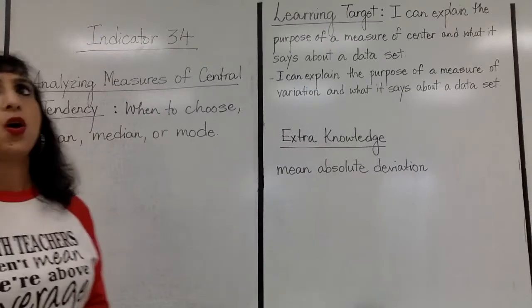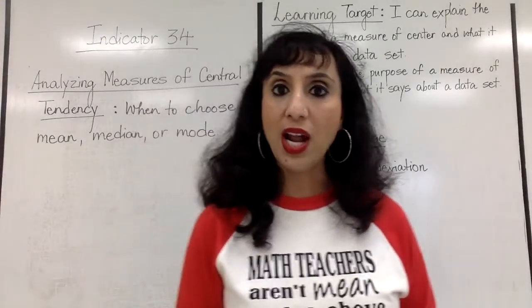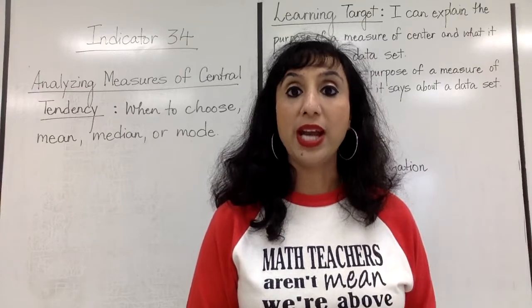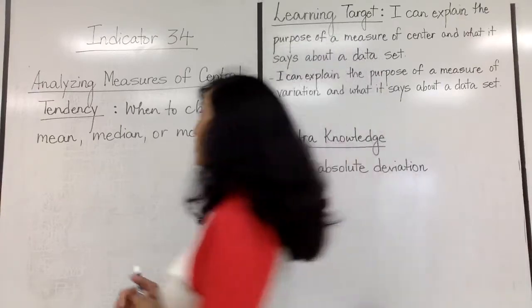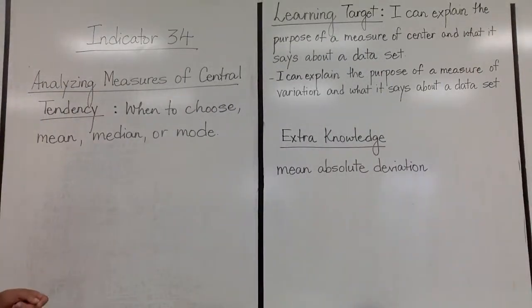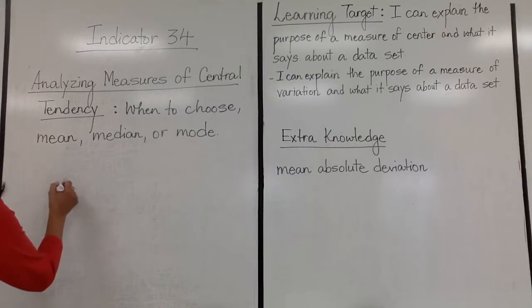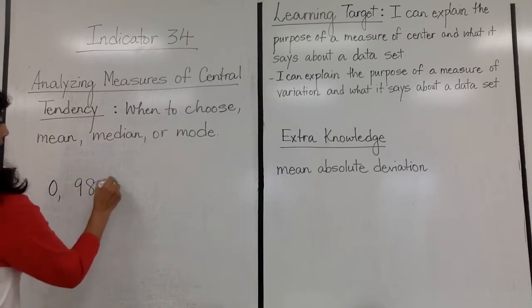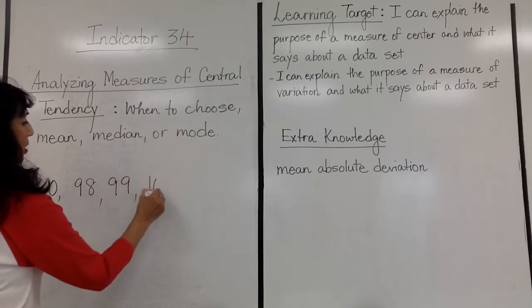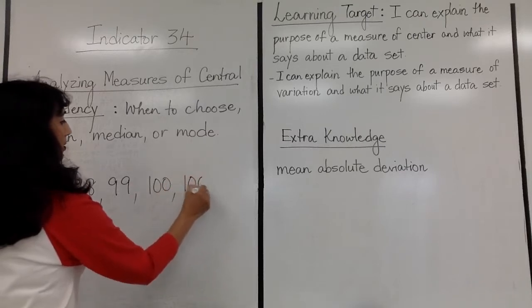Think about what an outlier does to a data set. So let's say, think about what we had talked about, your grades. Let's say you have a 0 in one class and then you had 98, 99, 100, 100.